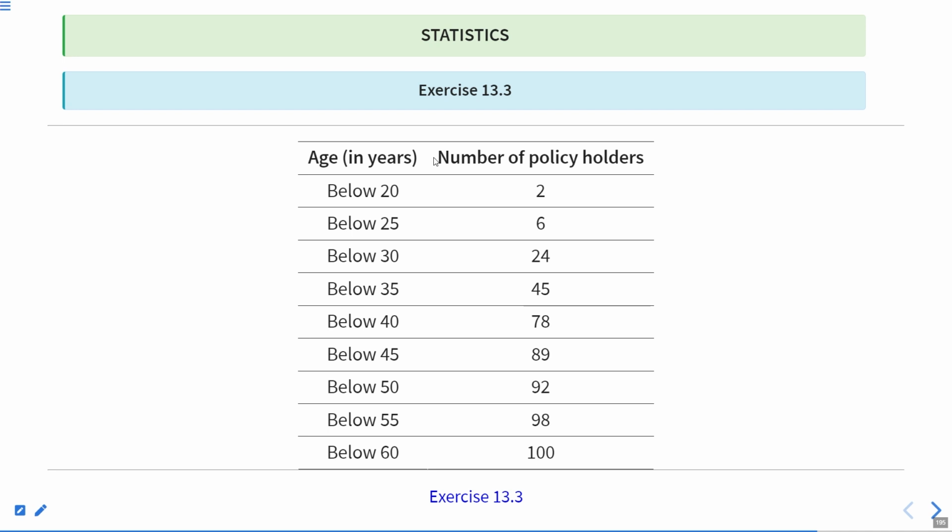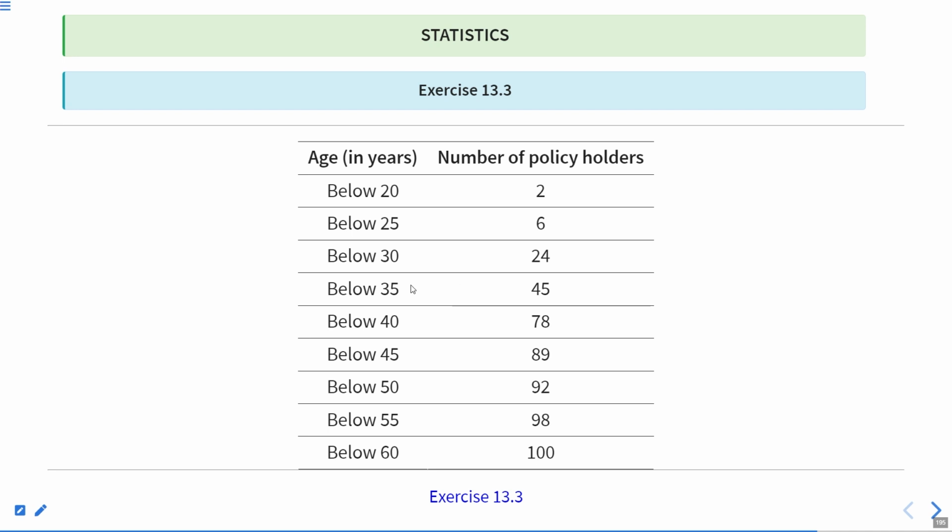Below 20 age, the number of policyholders is 2. Below 25, the number of policyholders is 6, and below 30 it is 24.